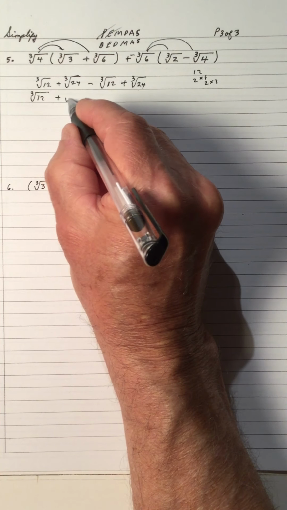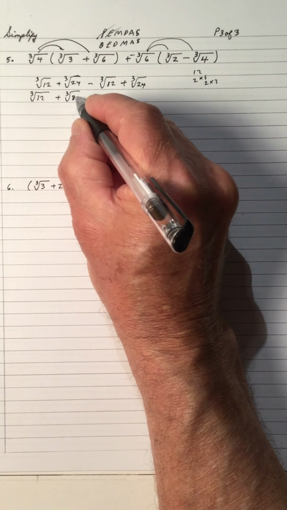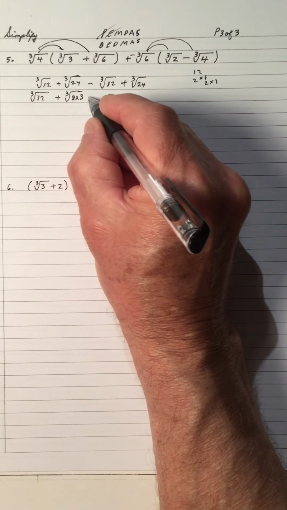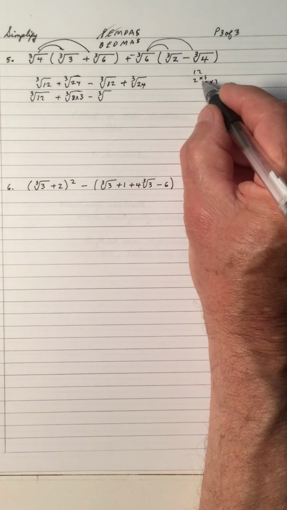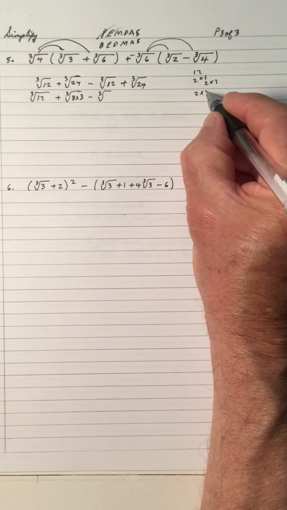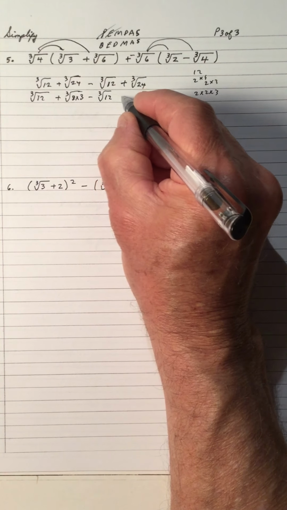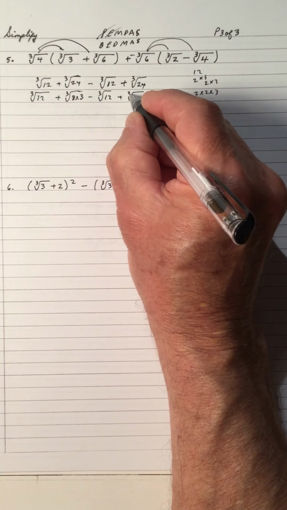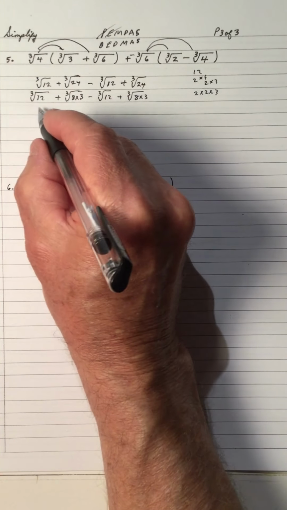But we can simplify the cube root of 24. 24 is 8 times 3. So we have them simplified.